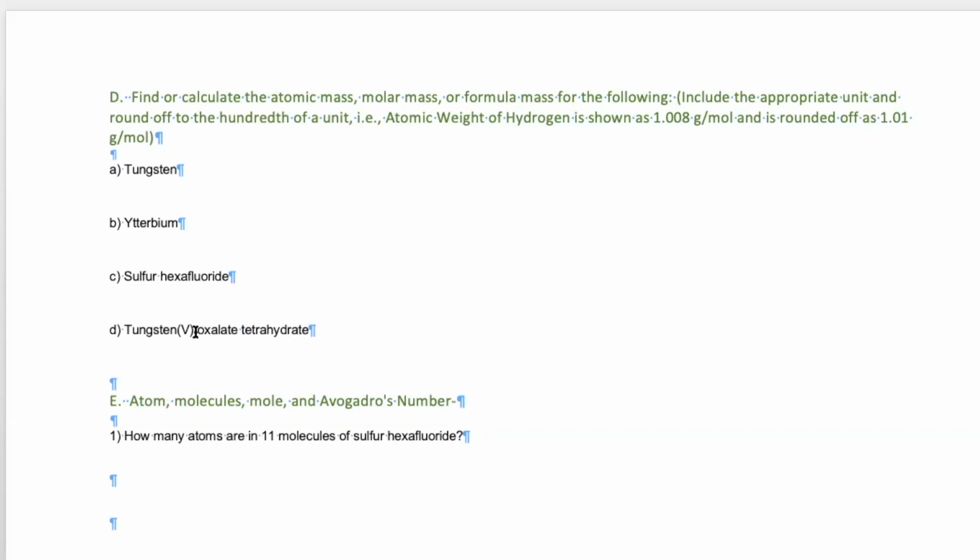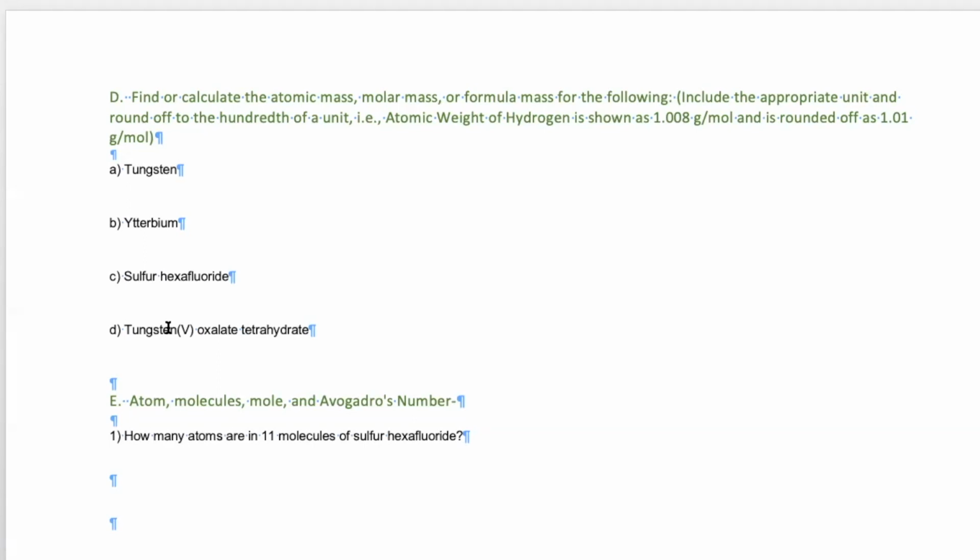Tungsten(V) oxalate, that's tungsten 5, and oxalate is C2O4. It comes from oxalic acid, okay? And the charge of the oxalate ion is -2. And then you have 4 waters on that.